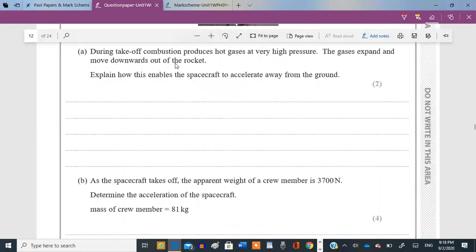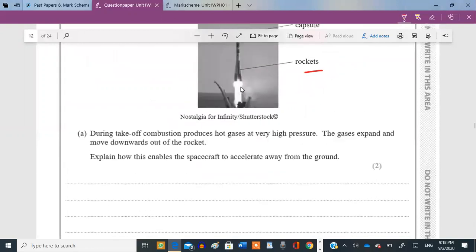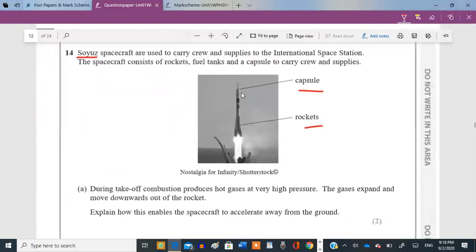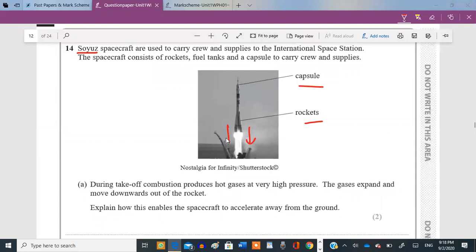Okay, so the spacecraft, while it is accelerating, emits high pressure gases downwards. If high pressure gases are emitted downwards, this means there is some force applied on the gases by this engine. If force is applied by the engine on the gases, this means the gases will also apply an equal and opposite force on this spacecraft, right? According to Newton's third law.